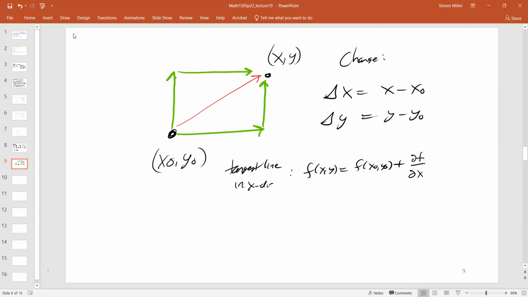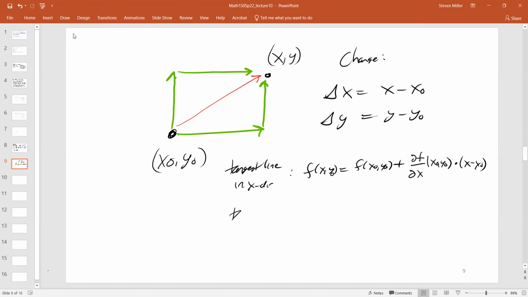Where do we start? We have a function of two variables. At x naught, y naught. So we evaluate the derivative at x naught, y naught, and now we multiply by the change in x, which is x minus x naught. But you have to remember, even though y is not changing, it's still a function of y. So really, I'm writing f of x, y, but it's really f of x, y naught, because I haven't really changed the value of y.